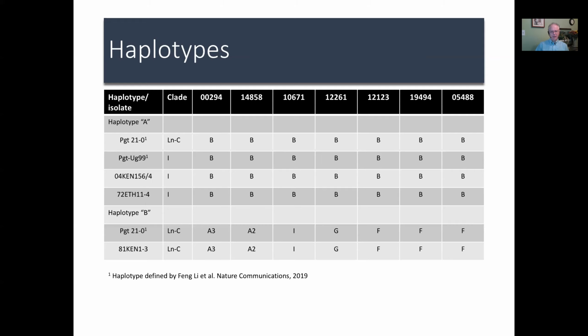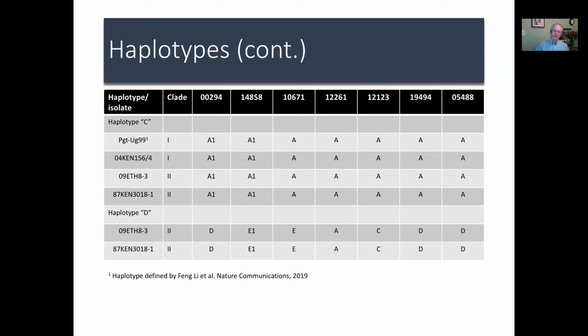Haplotype B, again, shows the allele for each of these 7 genes. In this next one, we show haplotype C and haplotype D. And the point here is that haplotype C probably came from the genetic group defined as clade 2, in that we find the same alleles for these 7 genes in isolates of clade 2.